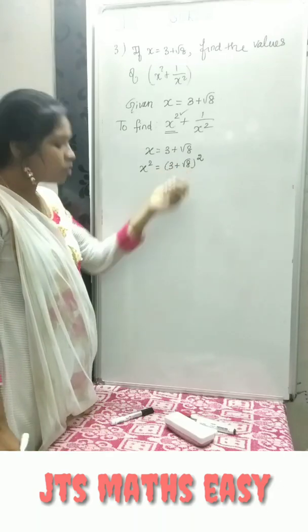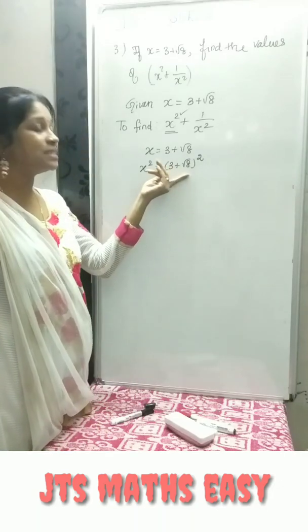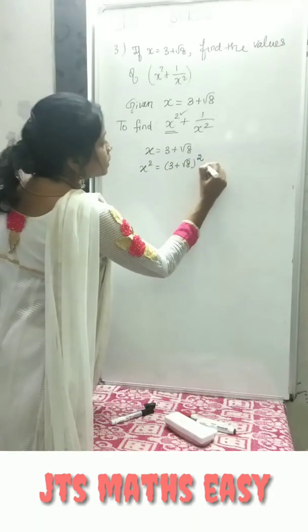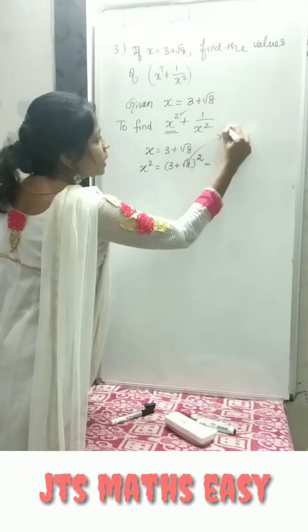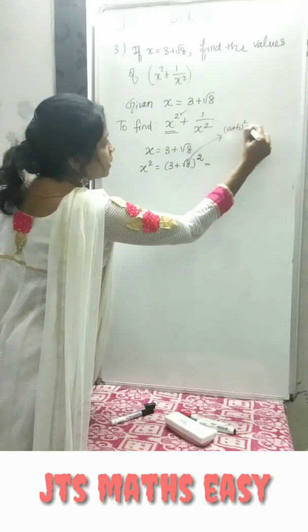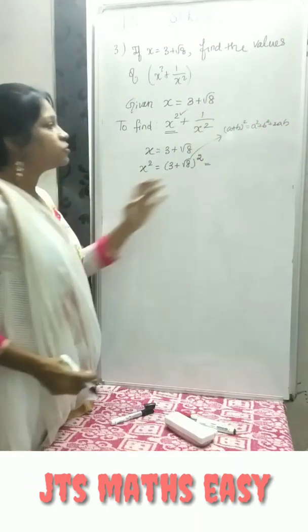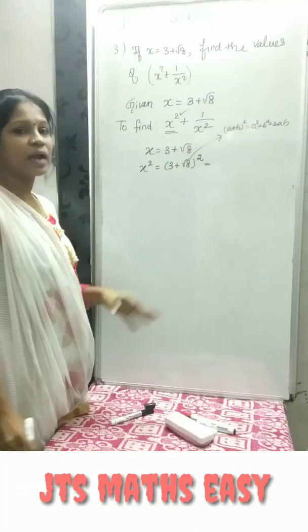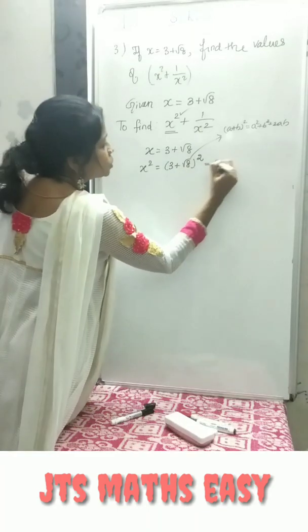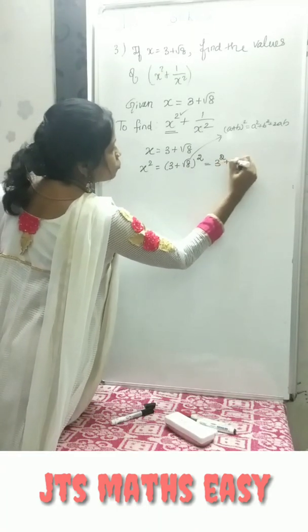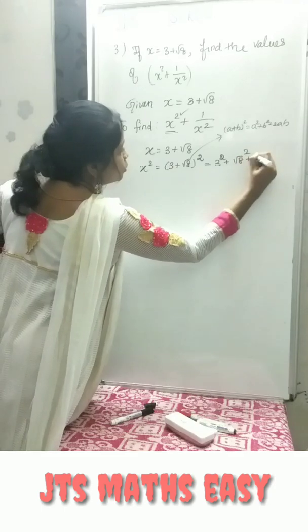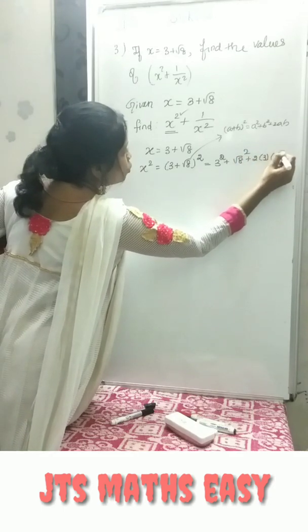Now expand your RHS by the identity (a plus b) the whole square, which is equal to a square plus b square plus 2ab. Just apply the RHS form of the identity here. So it can be written as 3 square plus root 8 square plus 2 into 3 into root 8.